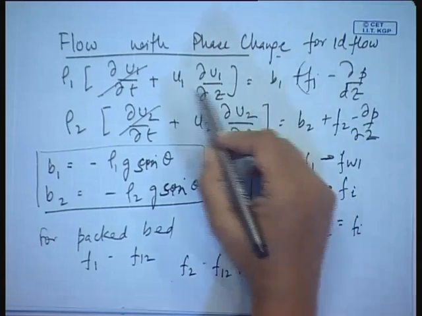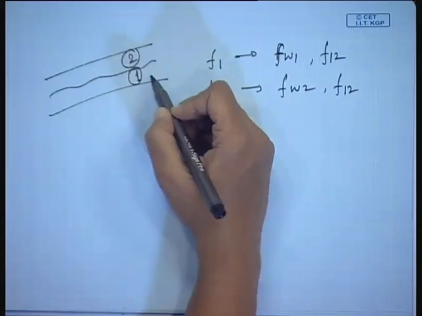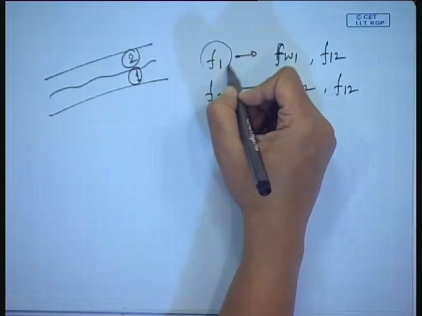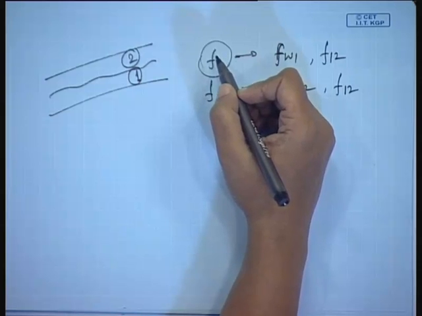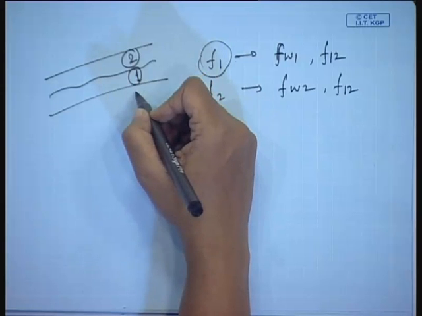Now, whenever we write it down, the basic equations are as I have written. Depending upon the flow situation, depending on how the two phases interact with one another, and how the two phases interact with the pipe wall, your F1 and F2 are going to change. Is it clear to all of you? So, when F1 and F2 change, for the simplest case which I had taken, we found that this F1, which is the leftover forces for phase 1, should comprise of the interaction of phase 1 with the wall, isn't it?